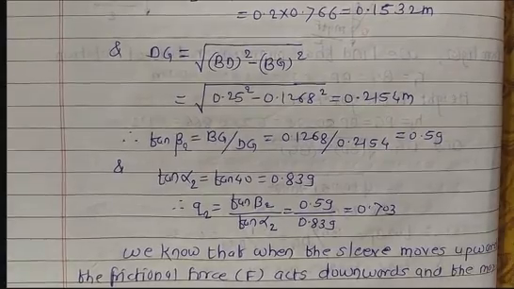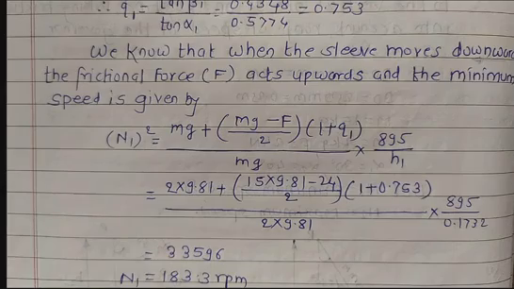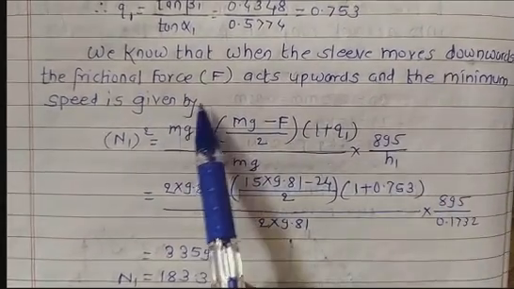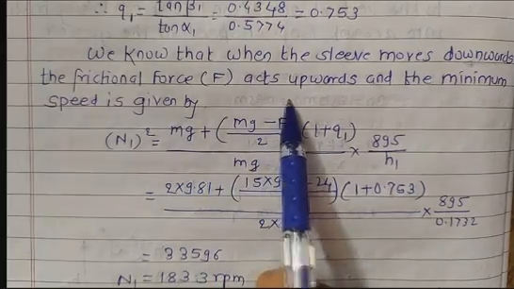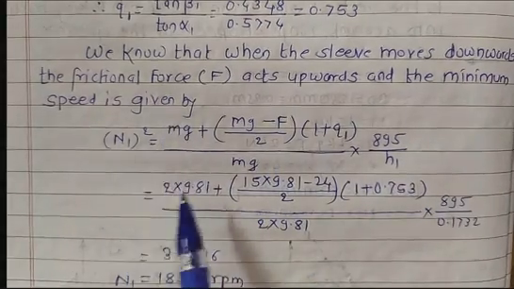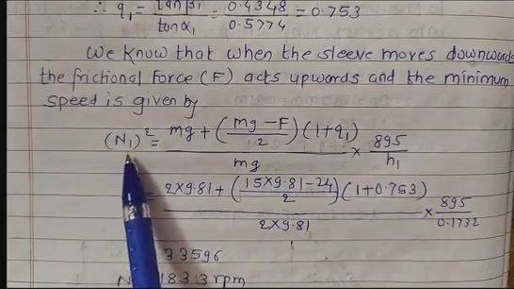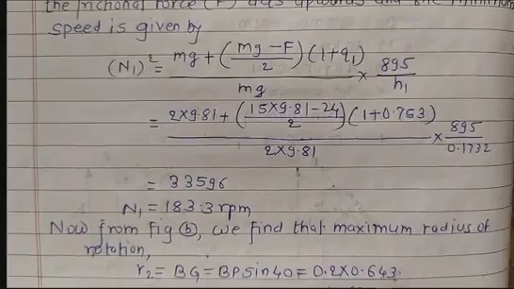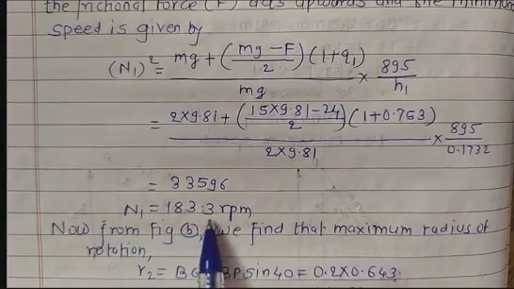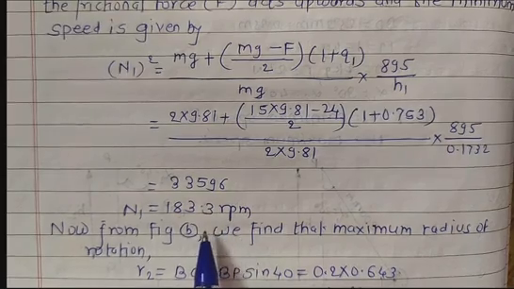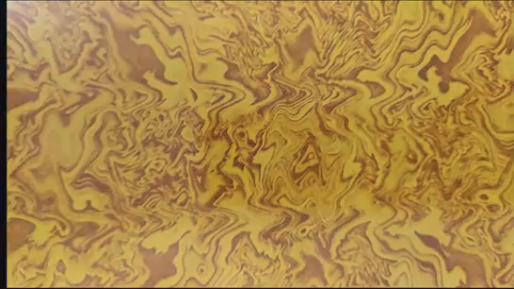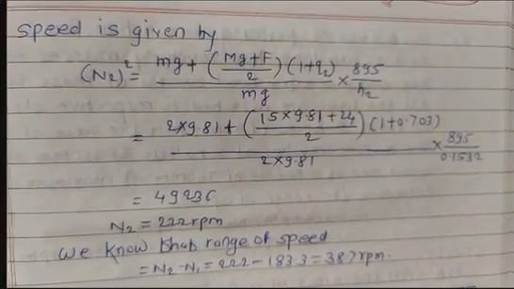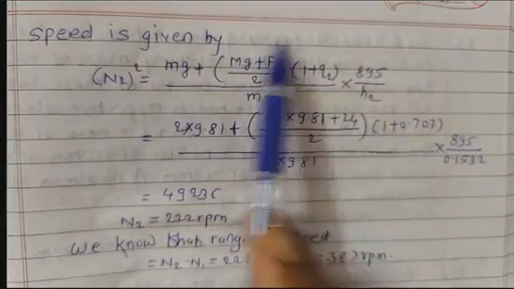Now corresponding to the movement of the sleeve, when the sleeve moves in the downward direction, the frictional force F acts in the upward direction, and the minimum speed is given by this relation. We know this relation, just substitute here in this way and get the value for N1, 183.3 RPM. When the reverse case happens, we can get the value for N2 in terms of this relation.